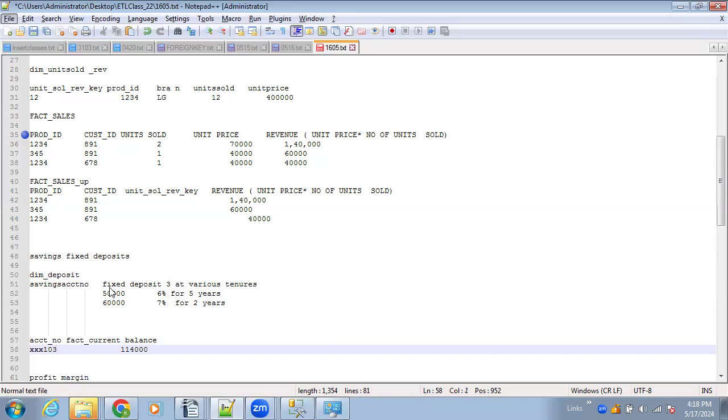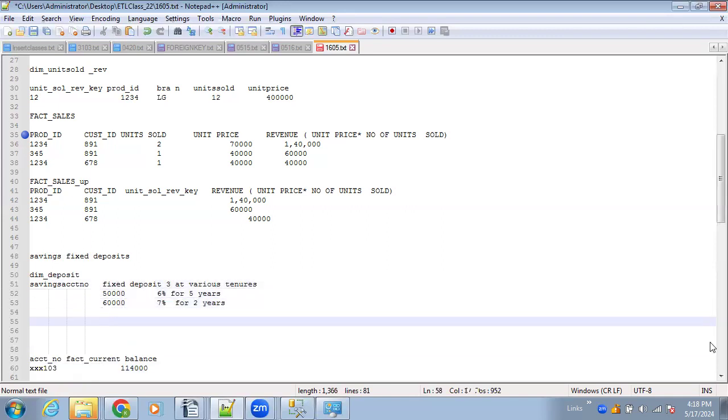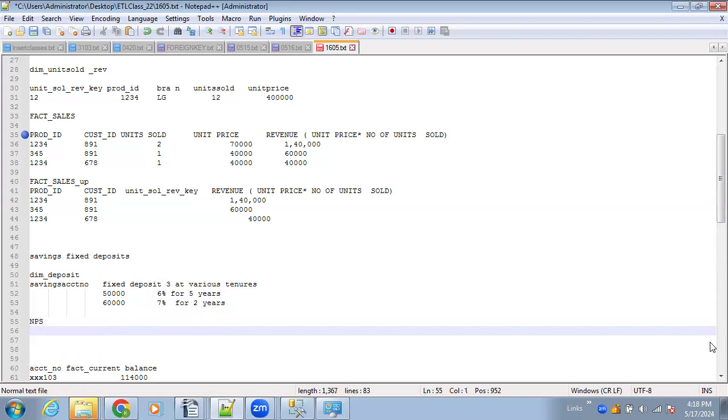Meaning sum of all dimensions. So here there will be fixed deposits and there are certain investments also, similar things that you made. Say an example of NPS, some pension scheme, you just mention through this one only, the savings account number.